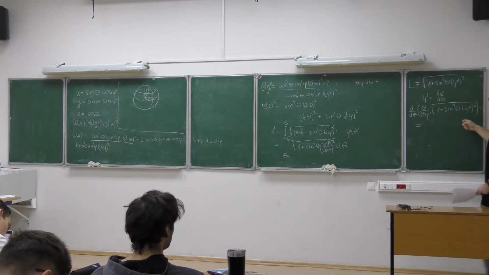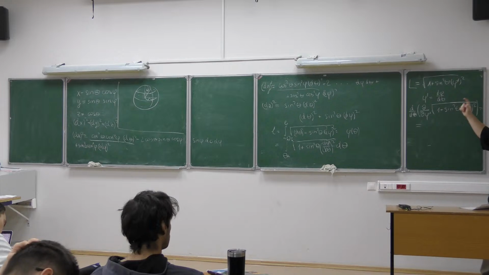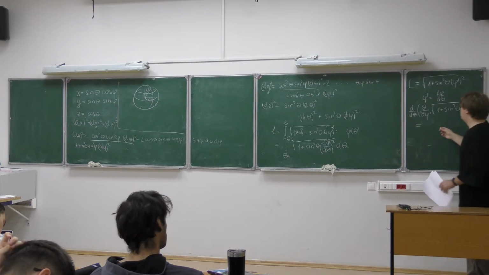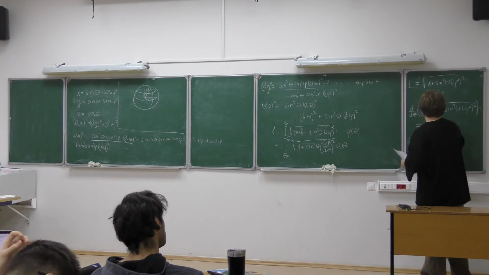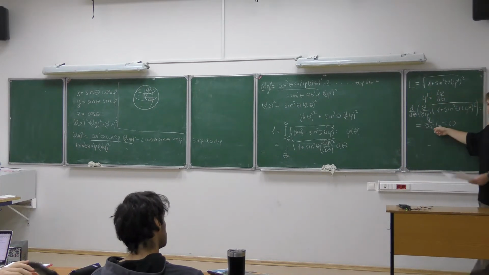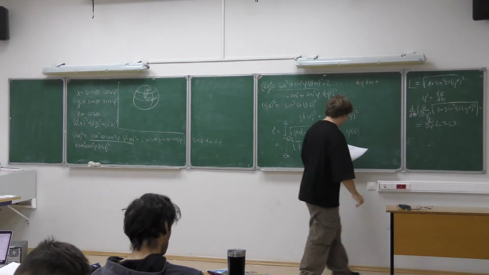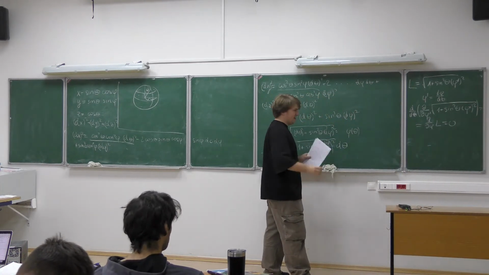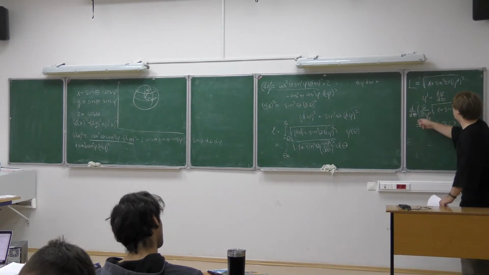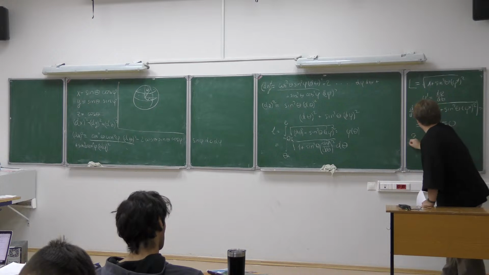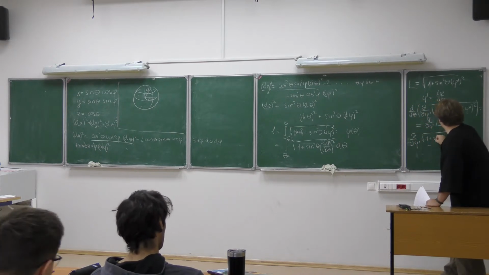Because we don't have cross terms, our Lagrangian actually does not depend on the coordinate phi, so the derivative with respect to phi is equal to 0. Phi is called a cyclic variable, and then you have a conserved charge.